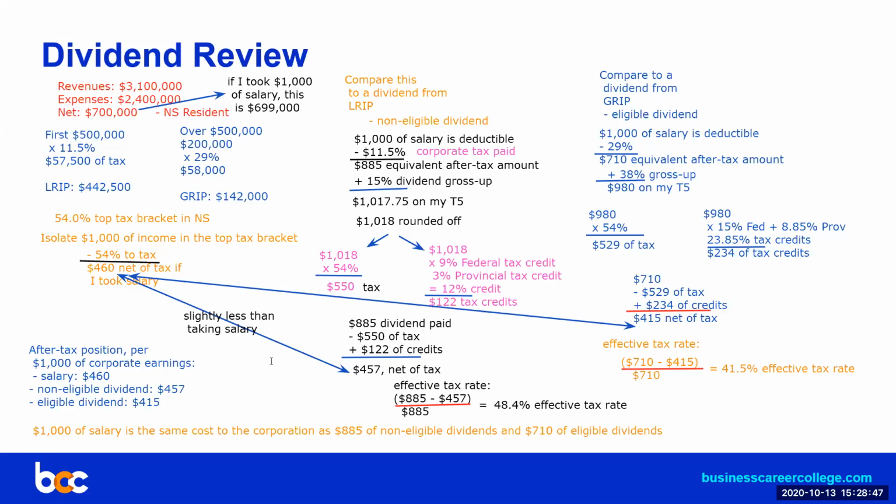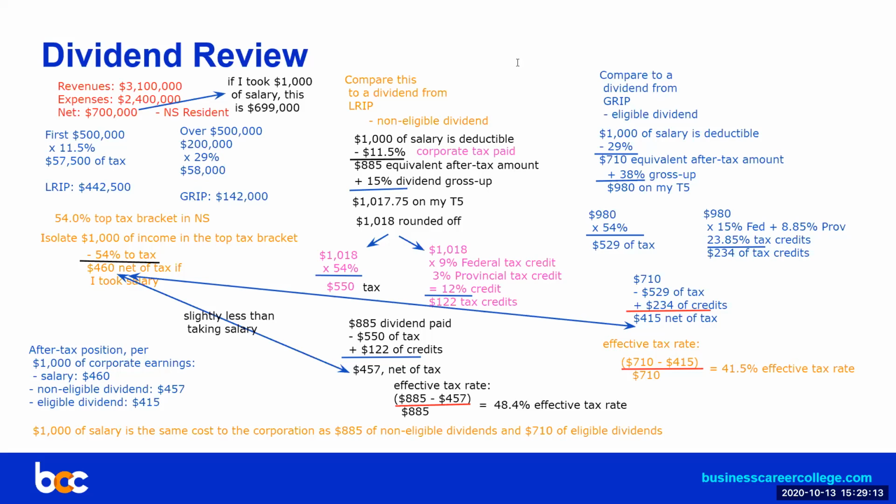Where did I say I lost 415 to tax? It's a big difference, Melanie. I don't think I did say I lost 415 to tax. I think I was just going through the math in my head. I said 710 minus 415 is what we lost to tax. So the subtraction, 710 minus 415, 295 is what I lost to tax.